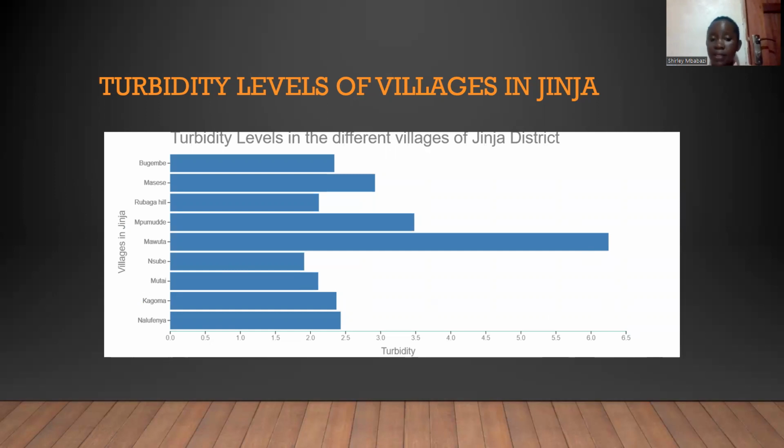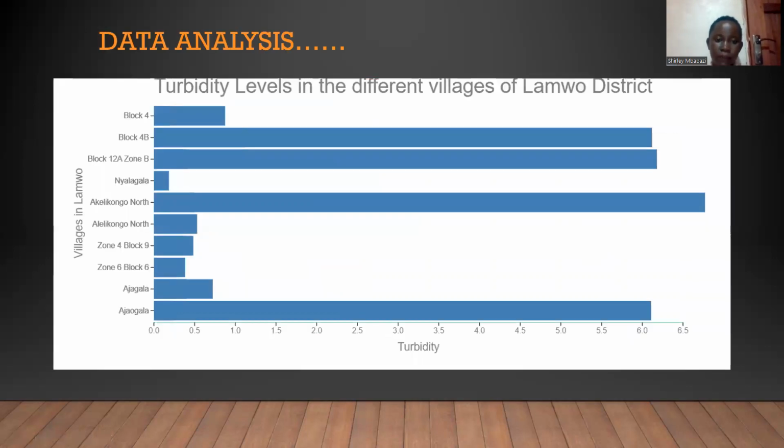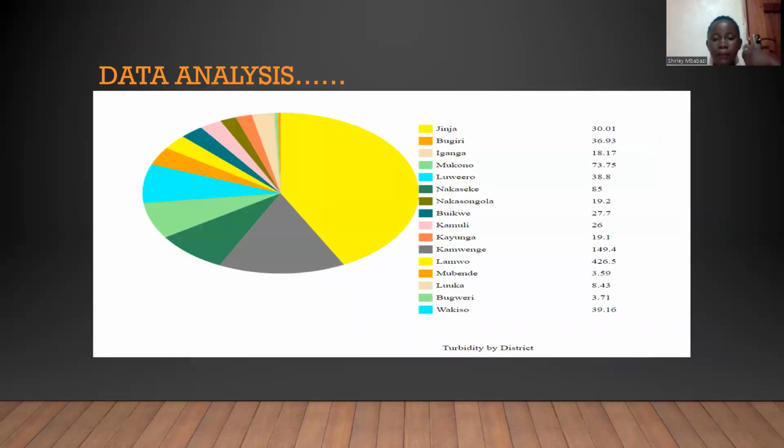And from my understanding, acceptability is low and not more than 5, that is good water for consumption. The same goes for villages in Lamu, and we can see that it has quite a high number. Probably that will help us to know if we can tap safe water sources for these people in these places.